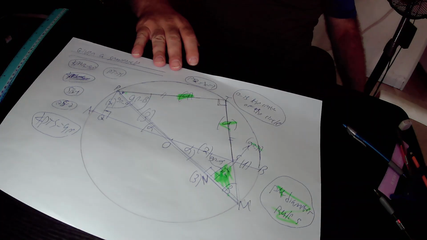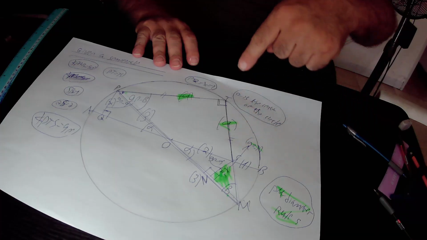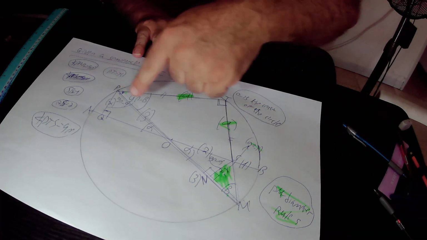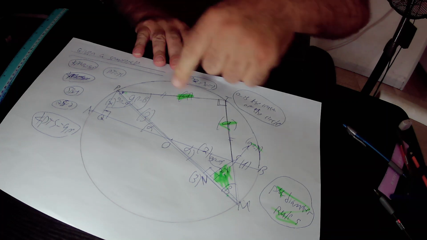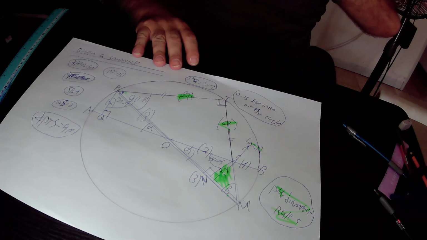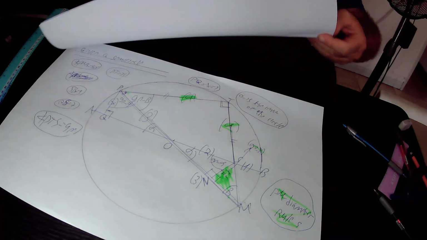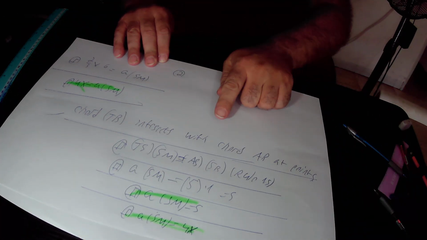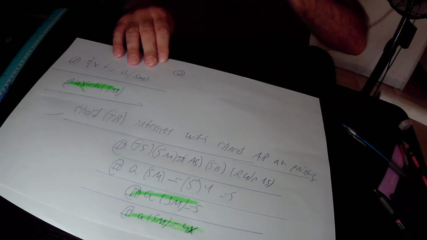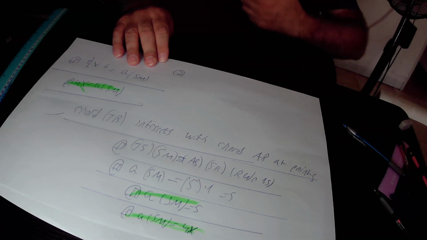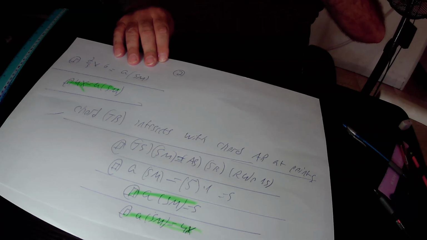Why? Because in our domain we have chord TM that intersects with chord AB at point S. Point S is the intersection point of chord AB with chord TM. So all the requirements of rule 15 are satisfied, and therefore we can implement in our domain rule 15.